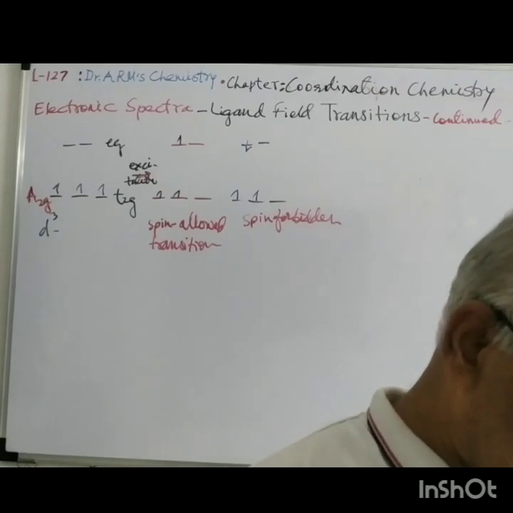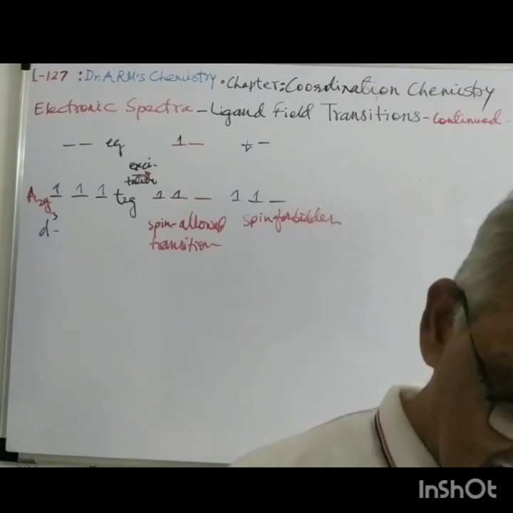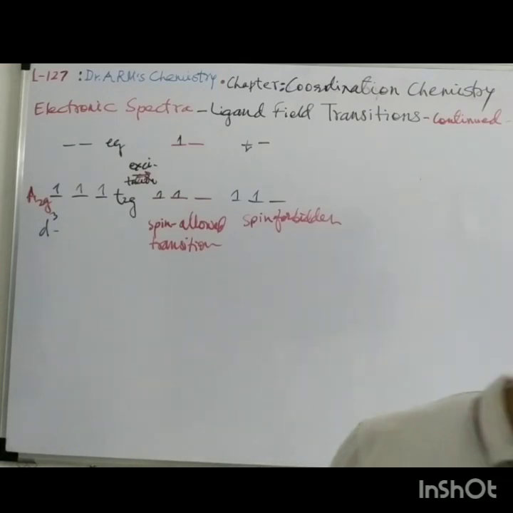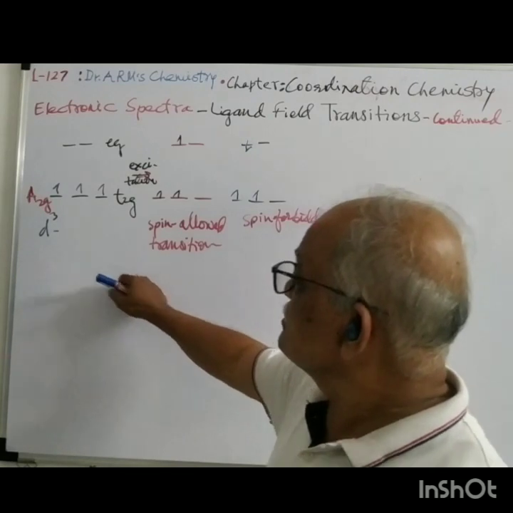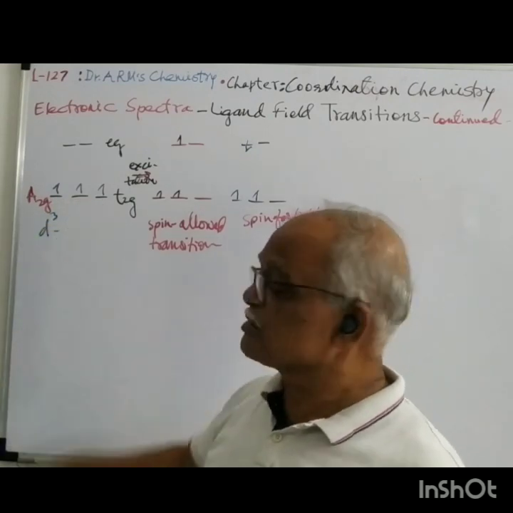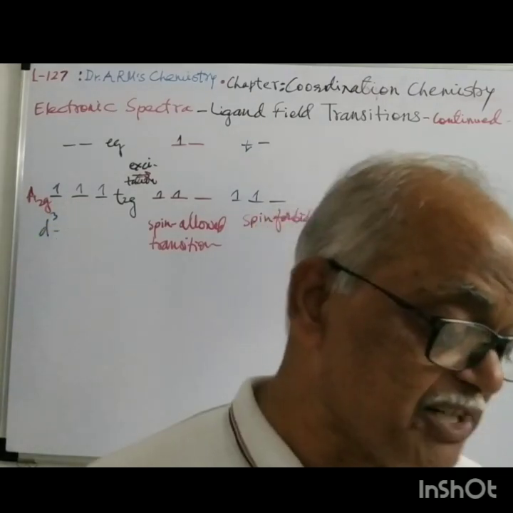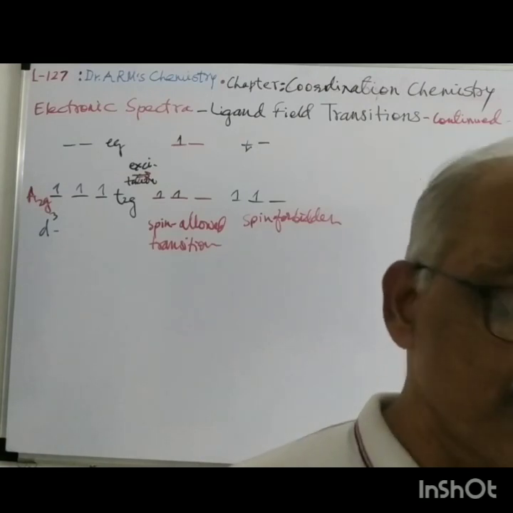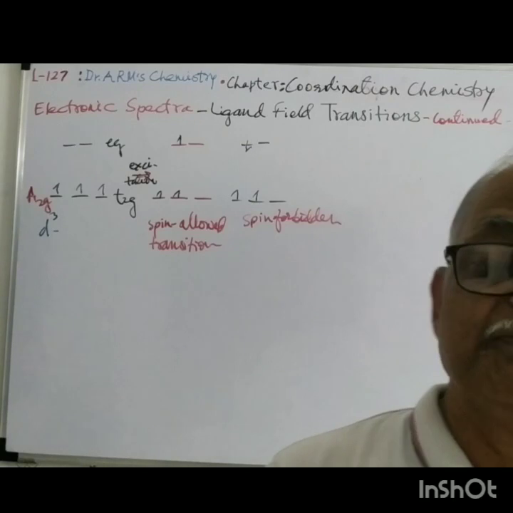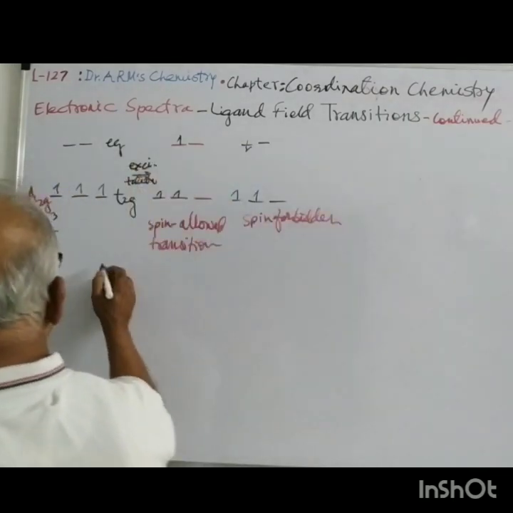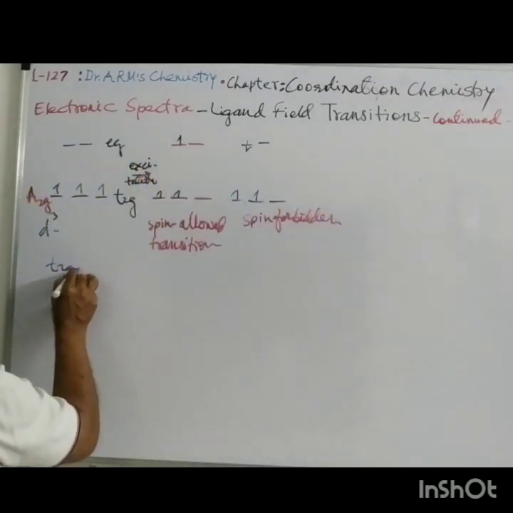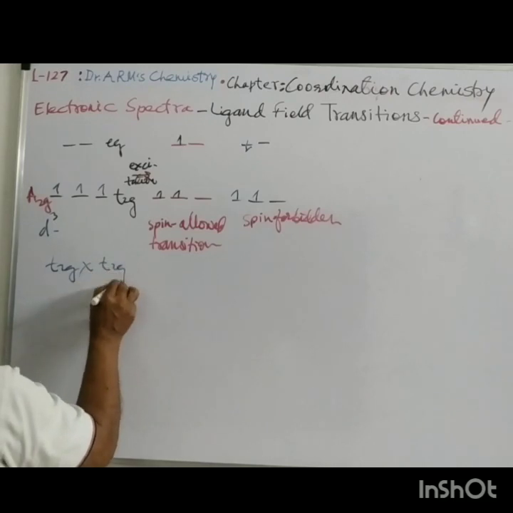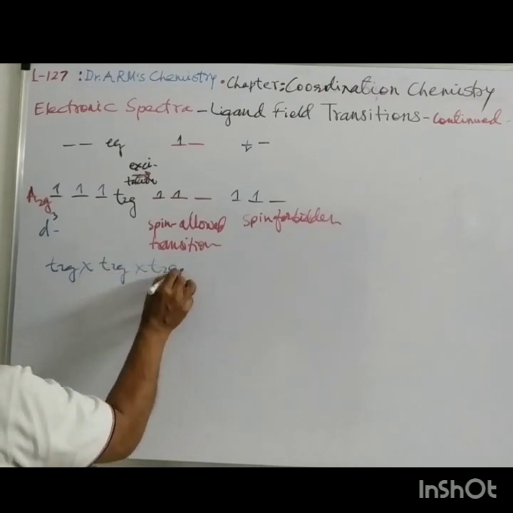The t2g orbitals show that the C3 rotation of the octahedral point group transforms t2g into t2g into t2g.